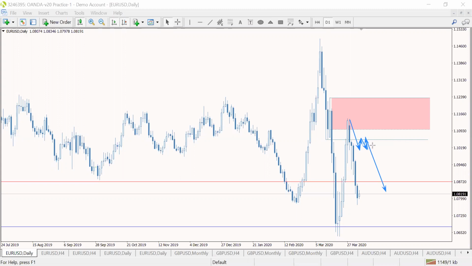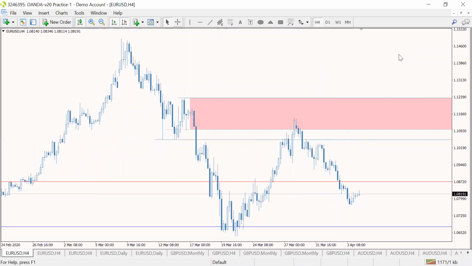Now you will ask me, but there is no correction here. As you know, guys, for entries, I use the 4-hour time frame. Now you will not see the correction on the daily time frame, but on the 4-hour, even if you don't see a perfect correction according to Elliott wave, a pullback you will see.